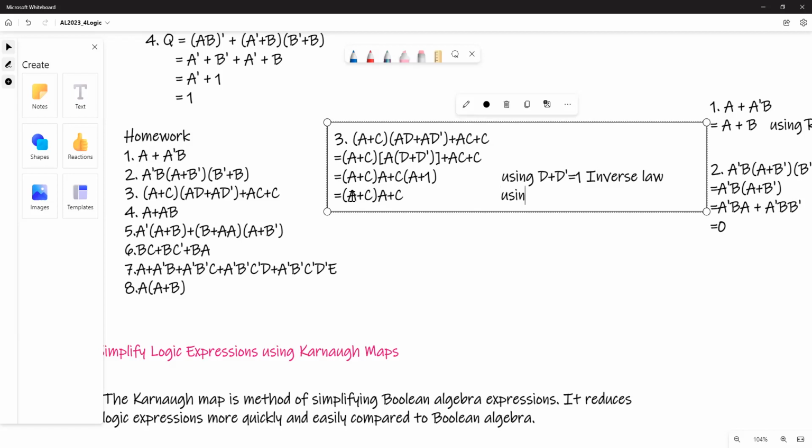We know that A plus 1, the addition of 1, will always equal 1, right? 1 plus A is 1. This is the identity law. We can put it like this.